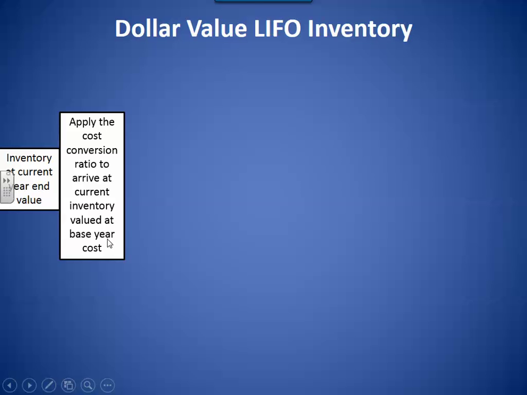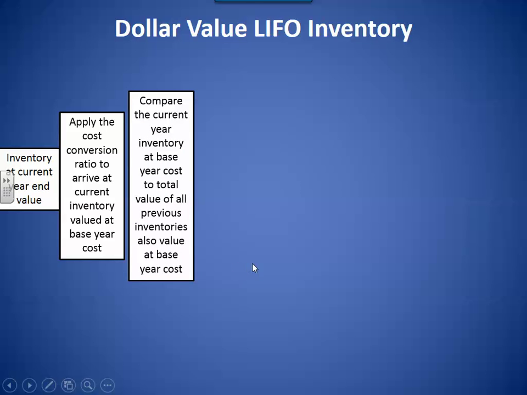So then we're comparing apples with apples. We then want to compare the current year inventory at our base year cost to the value of our previous inventory, which is also valued at our base year cost, to see if there's any change between the two.